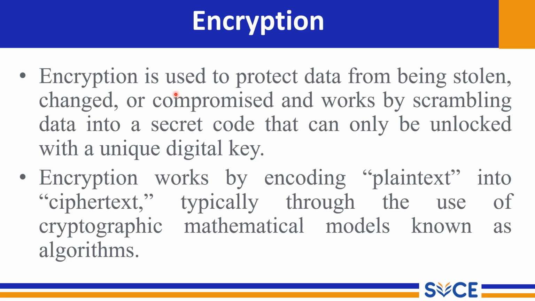Encryption is used to protect data from being stolen, changed, or compromised, and works by scrambling the data into a secret code that can only be unlocked with a unique digital key. Encryption works by encoding plain text into ciphertext, typically through the use of cryptographic mathematics known as algorithms.